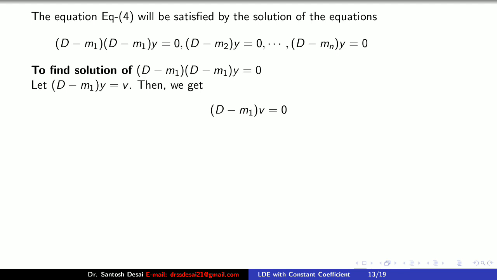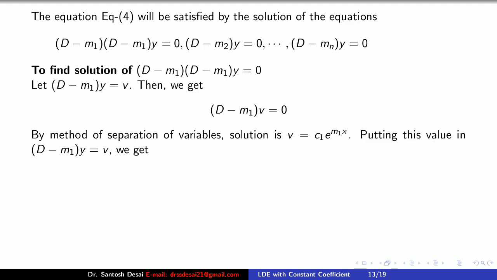Now from the previous case, or again by using separation of variables, we get the solution of this equation as v is equal to c1 e raised to m1x. Now putting the value of v in the above equation, we get (D minus m1)y is equal to c1 e raised to m1x.